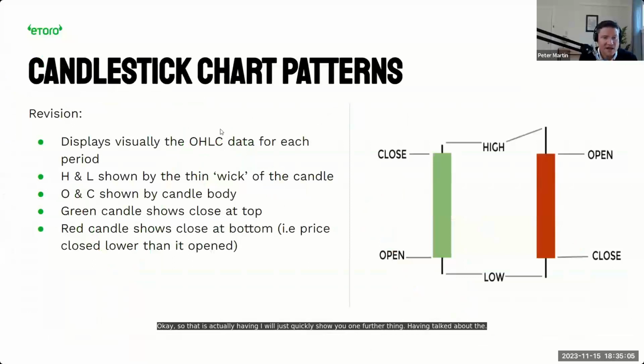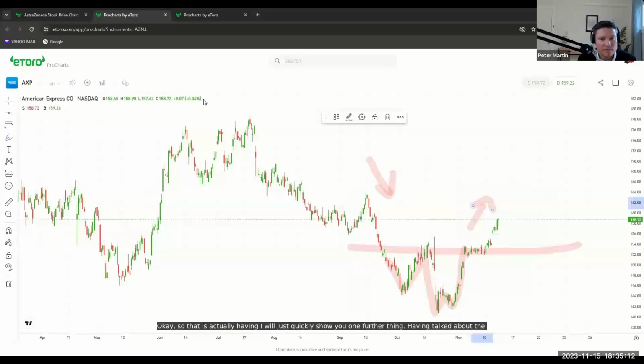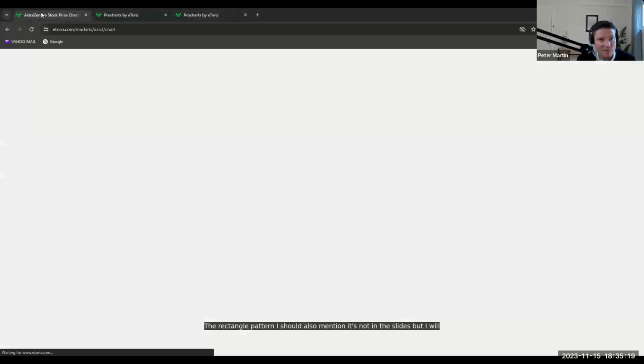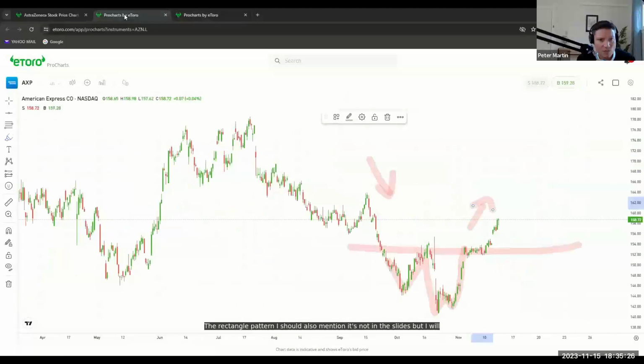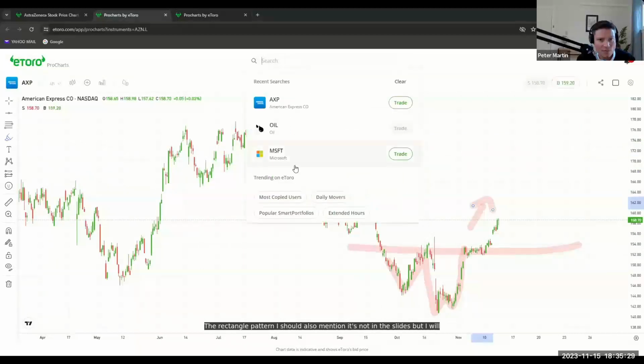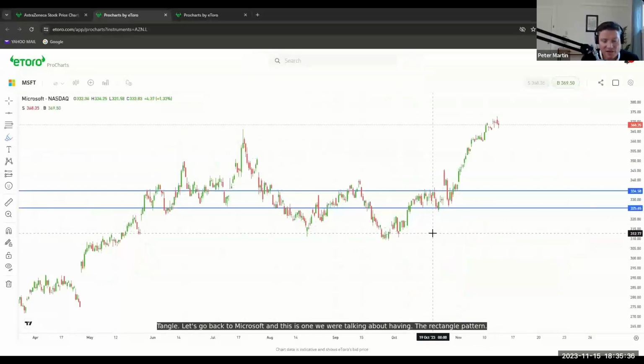Okay, I will just quickly show you one further thing. Having talked about the rectangle pattern, I should also mention, it's not in the slides, but let's go back to Microsoft, when we were talking about the rectangle pattern.